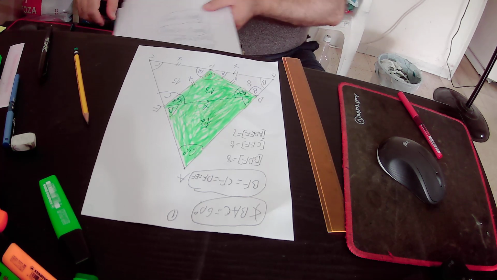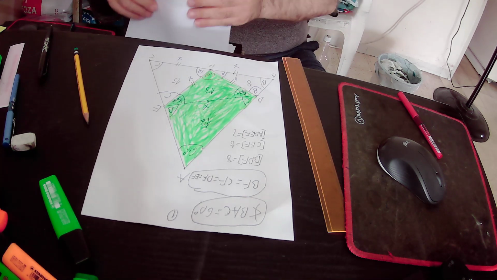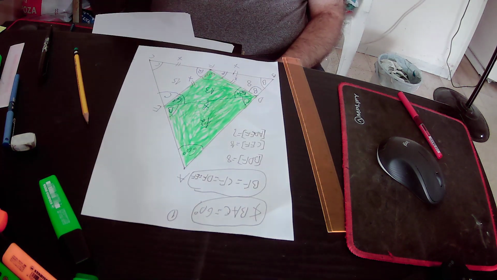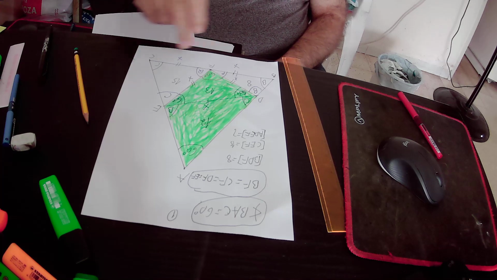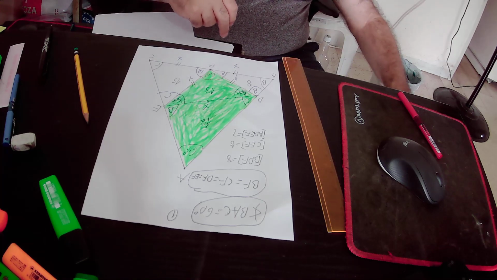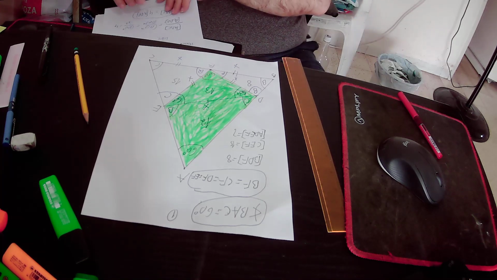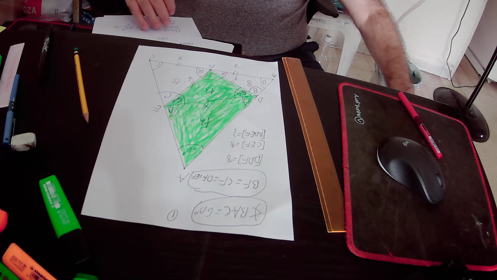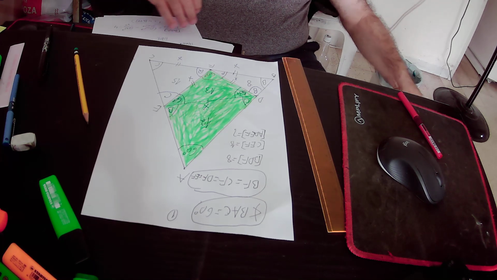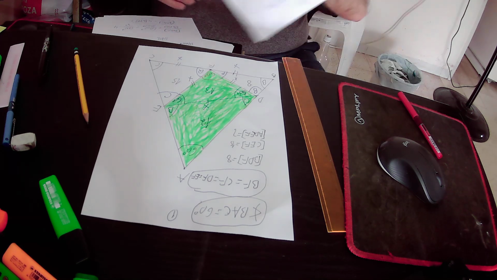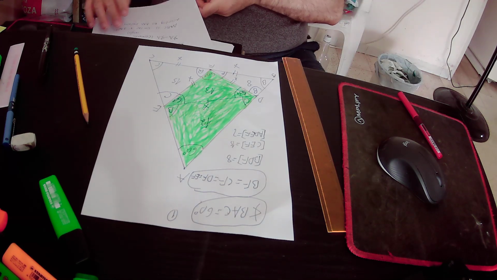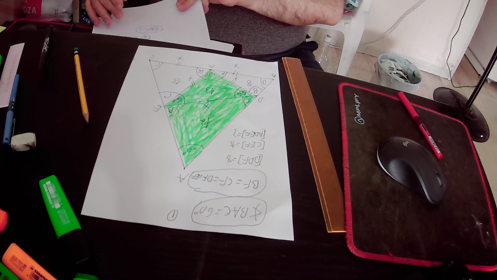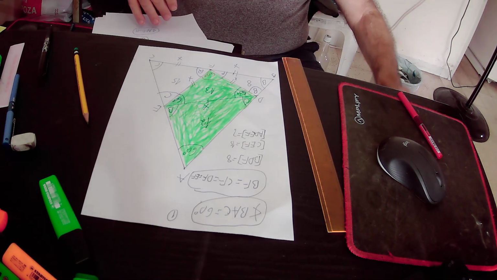First of all, we define angle ABC as B and angle ACB as C, and then we used the rule that states that the sum of the angles in any triangle is equal to 180 degrees.